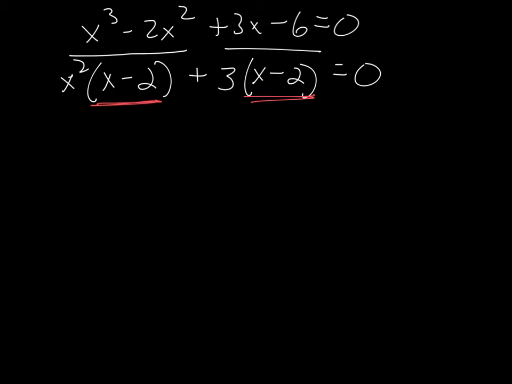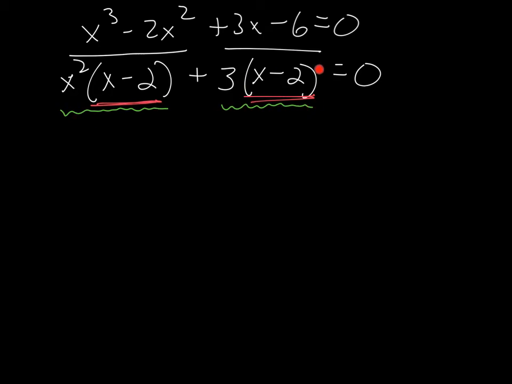This is a little weird for some people to understand. So I'll go a little slow, pay attention to what's happening here. Let me use another color. Think of it like this. I have this thing here, and I have this thing here. And each of them has a common thing in it now, the x minus 2. So I'm going to factor out the GCF of this green underline and this other green underline.